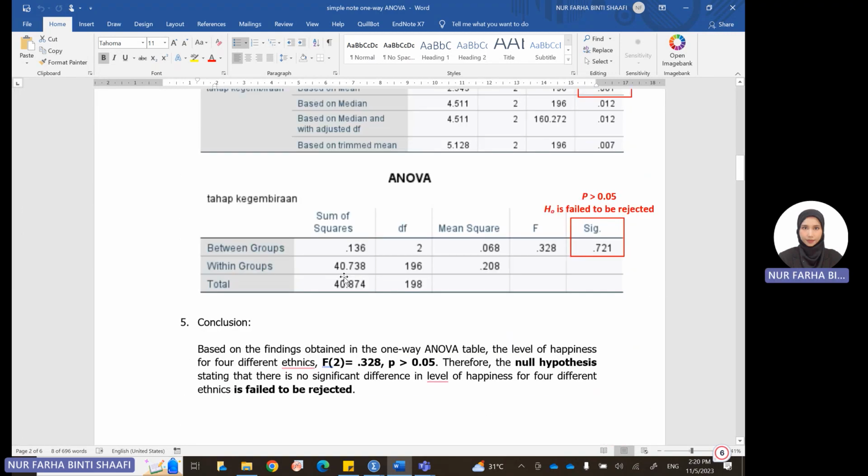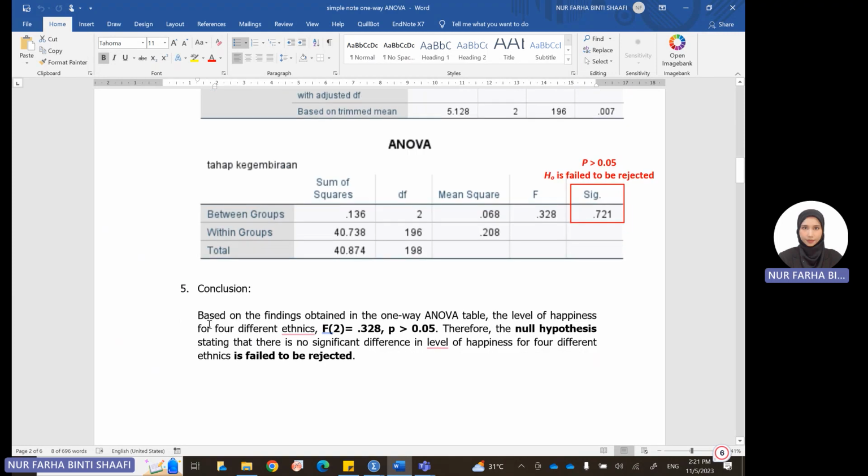Why? Because based on the Anova table, the significant value is more than 0.05, meaning your null hypothesis fails to be rejected. So you write your conclusion. Based on the findings obtained in one-way Anova, the level of happiness for 4 different ethnic groups, F, df, degrees of freedom, 2.